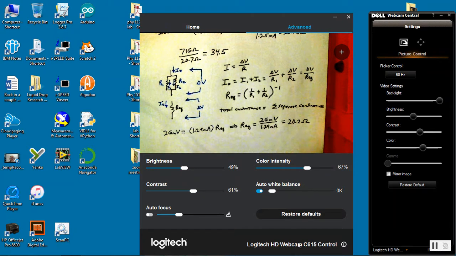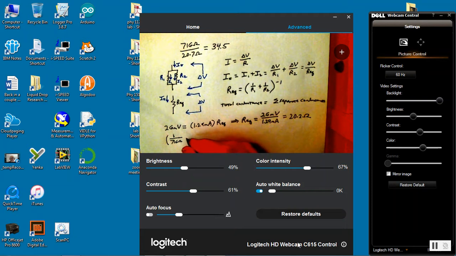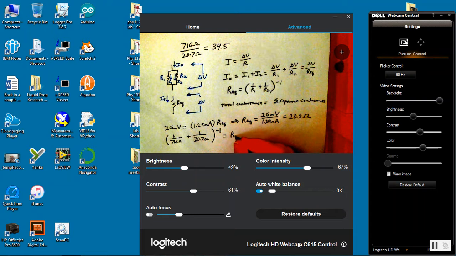If all this is consistent, I should get the same answer if I take the original 716 ohms, take the inverse to get the conductance, take the inverse of what we just found, the 20.7 ohms, the conductance through the newly opened channels, add those up, take the inverse of that, that should give me also the equivalent resistance.